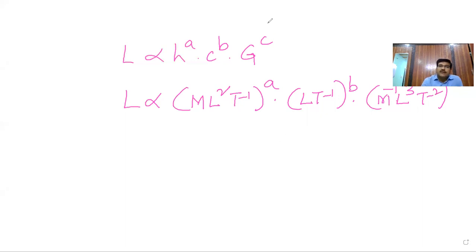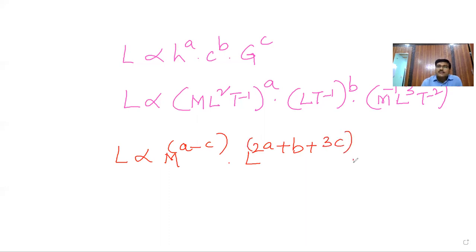Now I simplify all the above, collecting similar powers. So for mass, the power is A minus C. Length L has 2A plus B plus 3C.